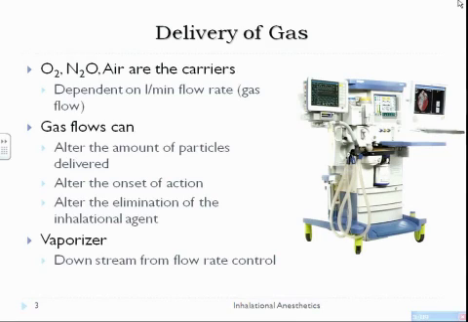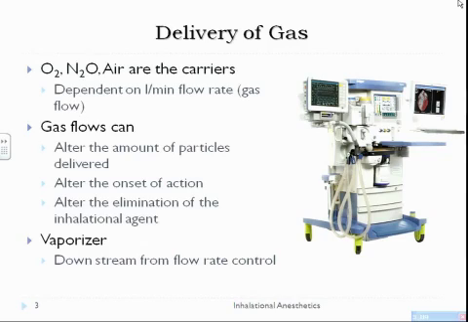The distance from the vaporizer all the way through the circuit to the patient is all dead space. That's all distance that the gas has to be pushed along. So if I go to high flow rates, the gas gets down to the end of the tube and into the patient more rapidly. So it makes sense when you put somebody to sleep to have high gas flow rates initially.